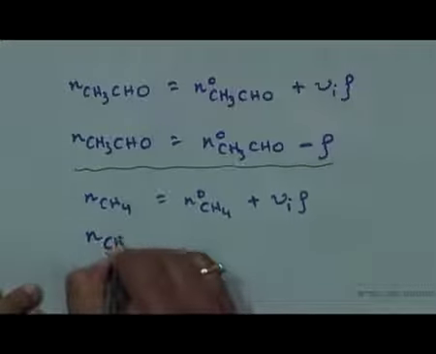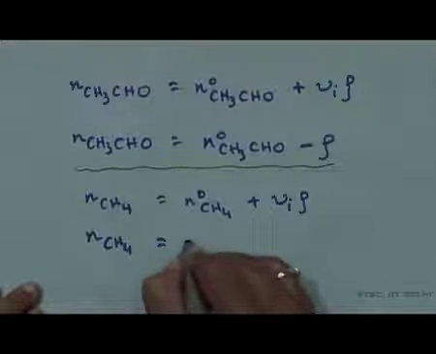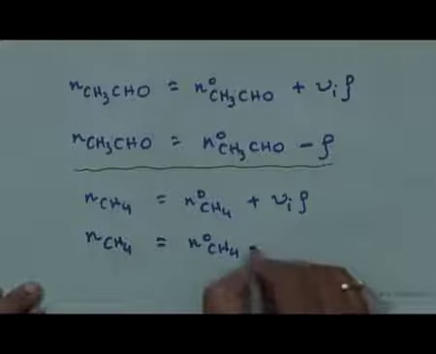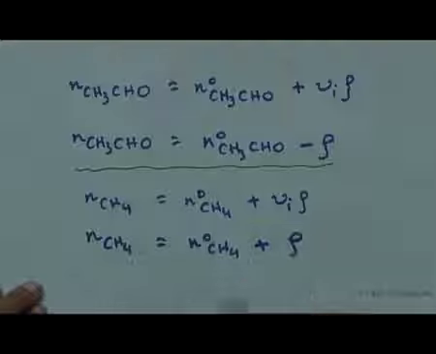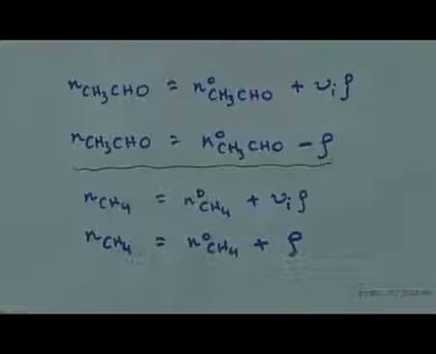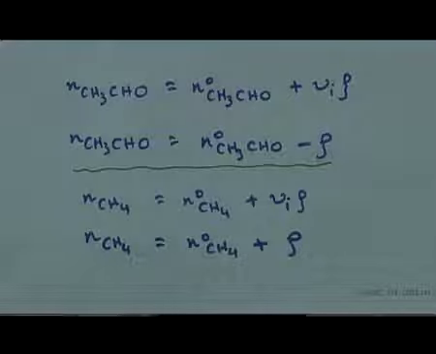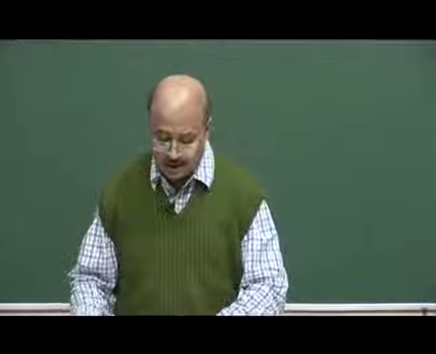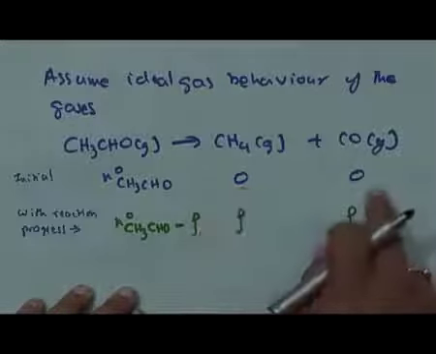So, I can write N CH4 is equal to N naught CH4 plus xi. Also, N naught CH4, the initial number of moles of CH4, if you remember from the previous discussion, is 0. The same is true for carbon monoxide.